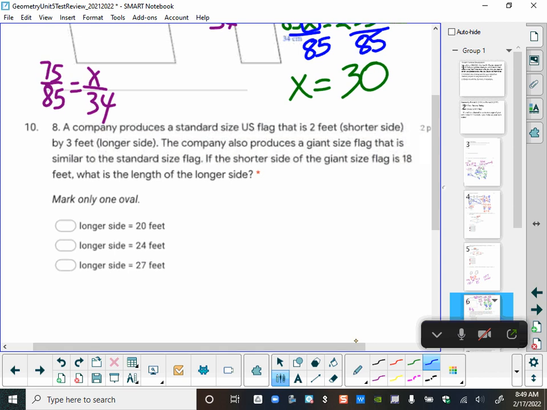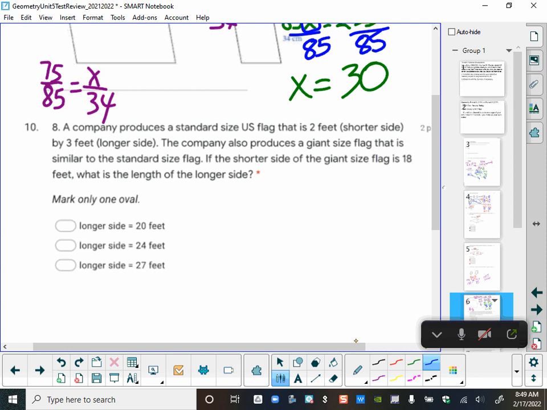Okay, what's going to happen? A standard flag, 2 feet by 3 feet. But now we're going to have another flag that's similar to the standard size flag. Now, what I tell everybody to do, it might be a good idea, draw a diagram.